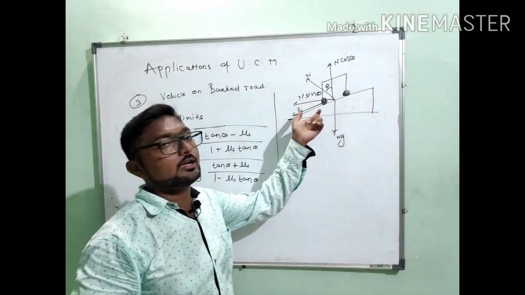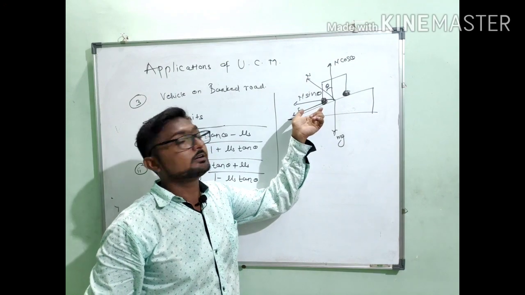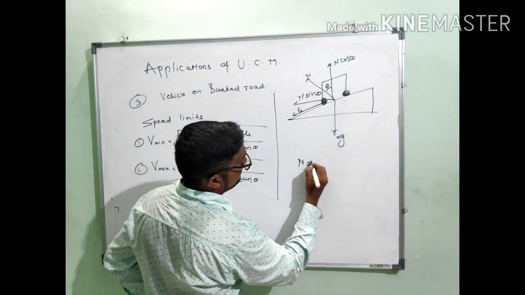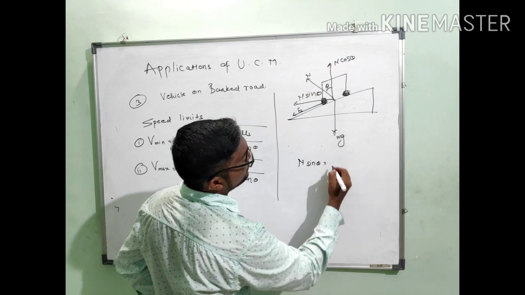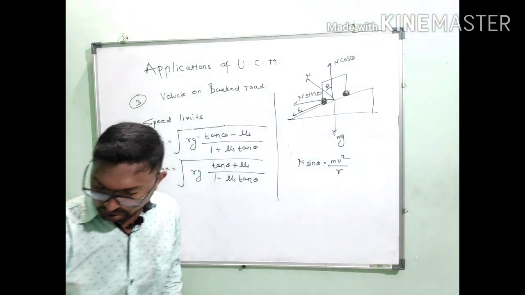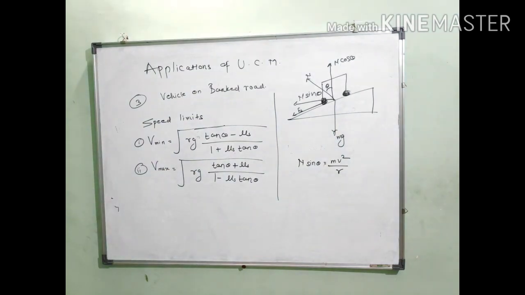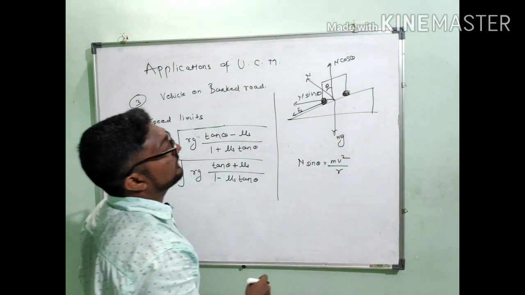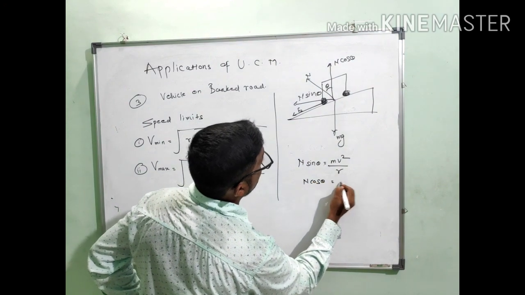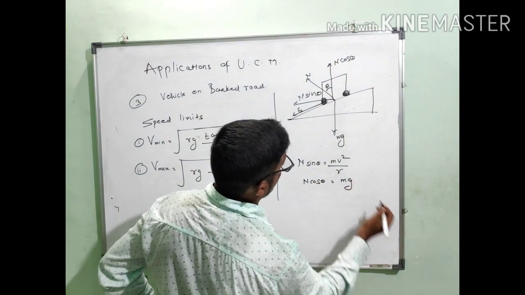N sin theta is basically giving me the centripetal force. So N sin theta is equal to mv square upon r, and N cos theta is equal to mg.